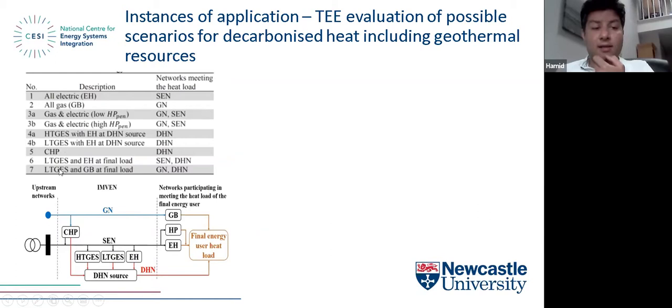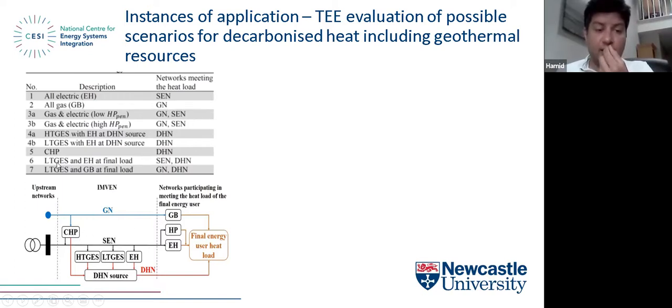And then we have high temperature or low temperature geothermal energy sources, and these two actually feed the district heating network source, and this meets the heat demand. And if we have CHP, so gas and electricity network coupled with the CHP, again gas with gas boiler, CHP again with electric heater.